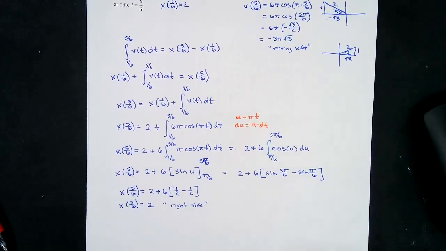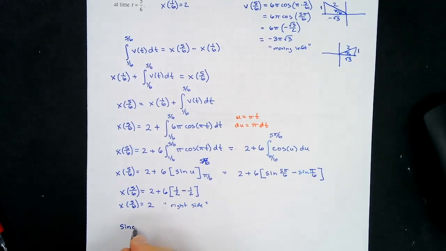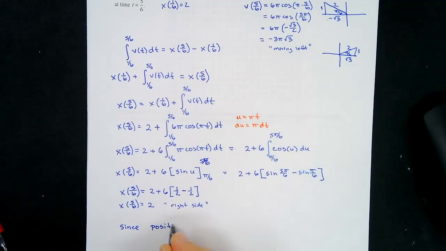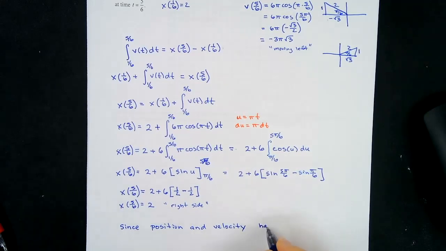Okay. So we could say something like this: since position and velocity have different or opposite signs.